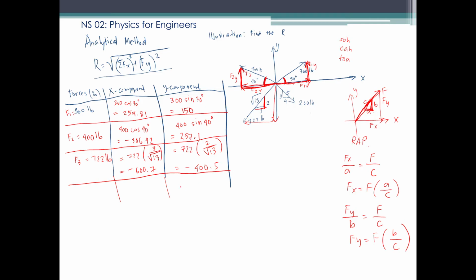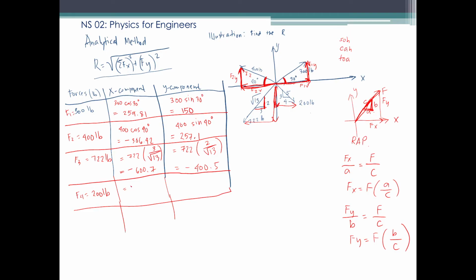Lastly, we have the 200-pound force. Now, for the 200-pound force, we're also given the slope. We have no angle, but we're given the slope. So, for the x component, we have this one, and this is its y component.